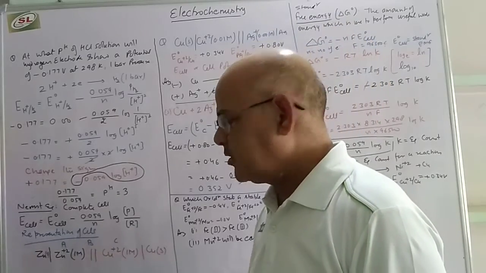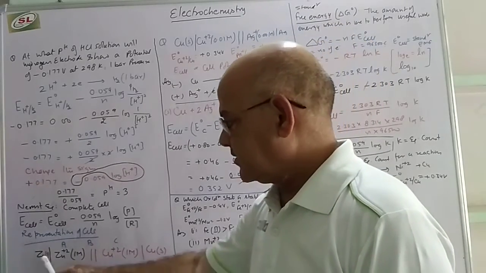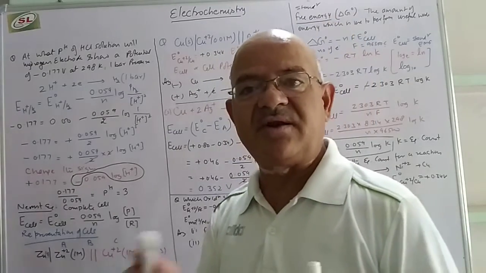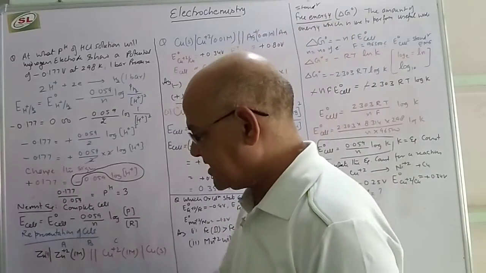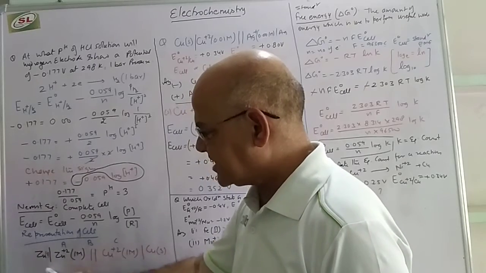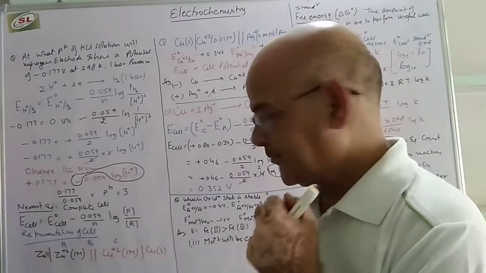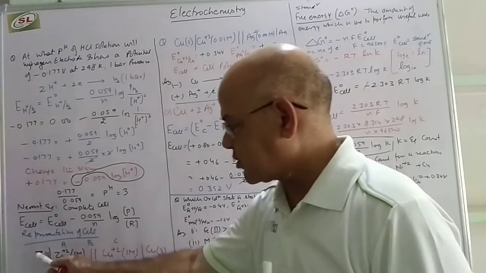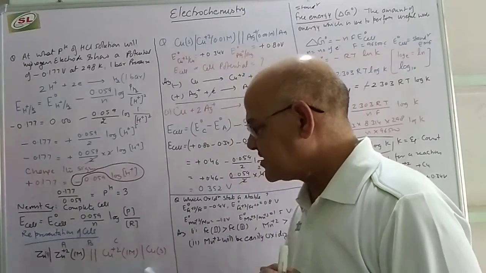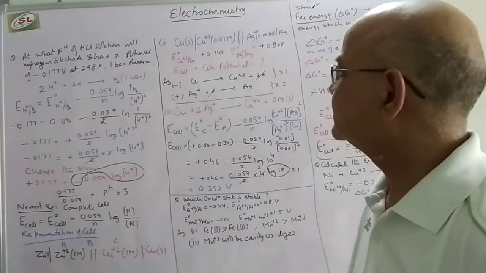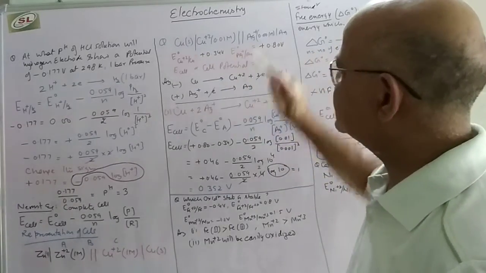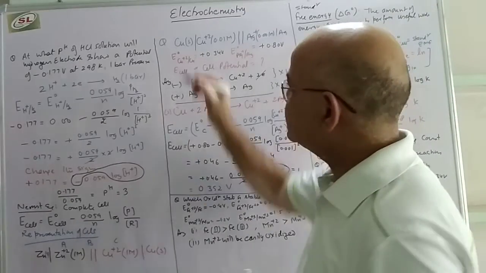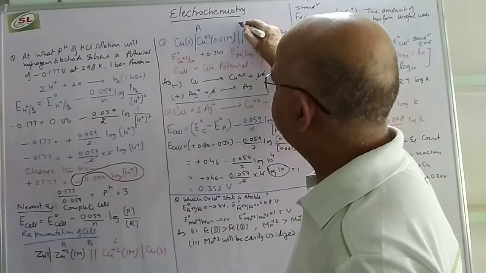At the anode, the oxidation reaction will take place. That means I will read this cell like this: zinc is converting into Zn+2, and copper+2 is converting into copper. There is oxidation going on here and reduction going on there. For example, this cell is given to us where copper is acting as anode.